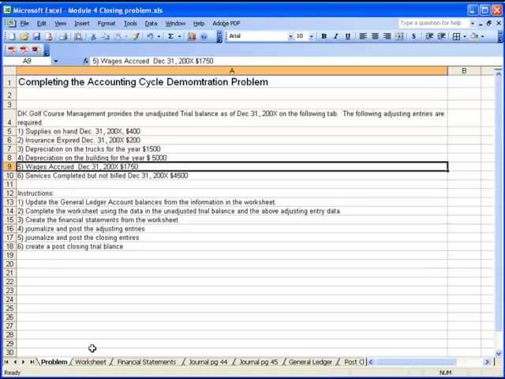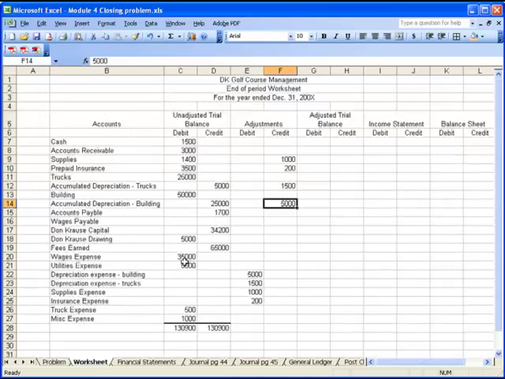And again, these adjusting entries at this point in time should be very familiar to you. If you can't just read that and know what the debit and credit amount or accounts are, then you need to go back and practice your Module 3 adjusting entries a little bit more. But here we would do a debit to our wages expense, and let's go back.